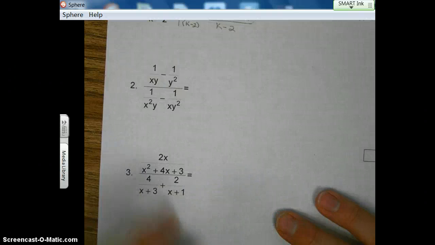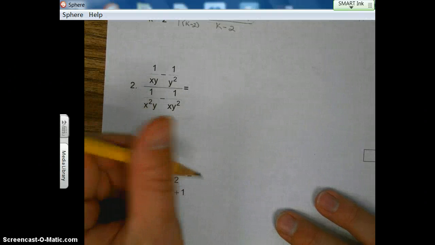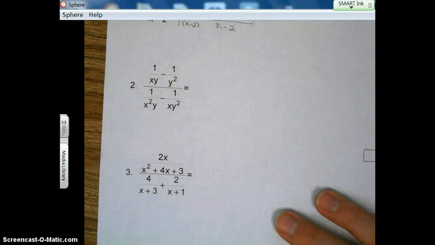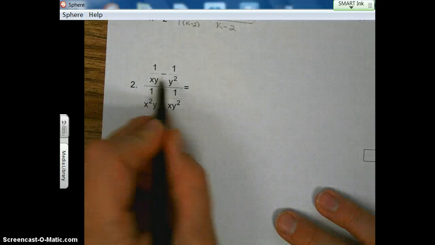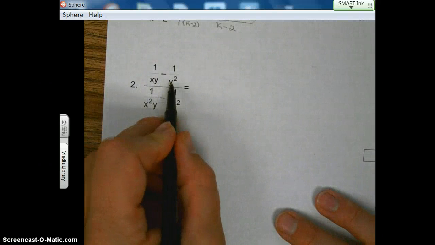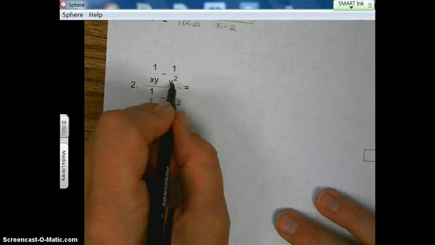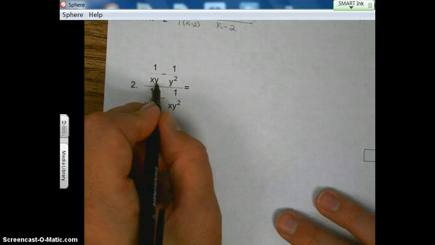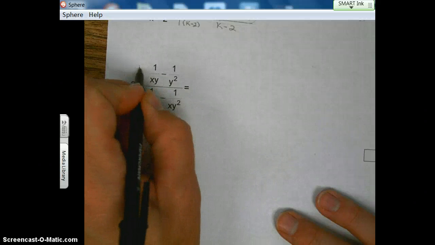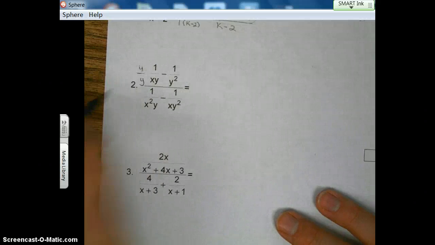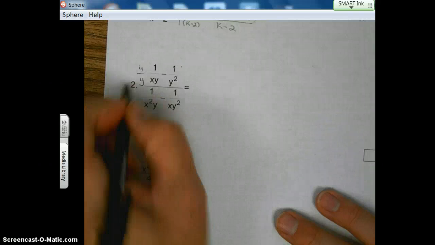Okay, let's take a look at number 2. All right, so here we have xy and y squared. Now remember, think about y squared as y times y. So we need another y over here, and we need an x over here.